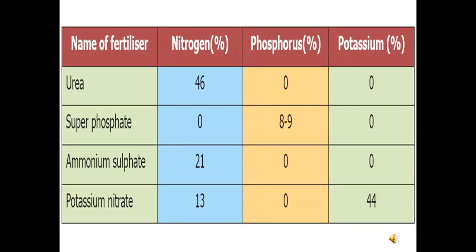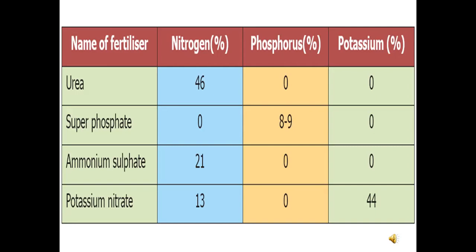Next, the table below lists the nutrients in inorganic fertilizers. The inorganic fertilizers are urea, superphosphate, ammonium sulfate and potassium nitrate. In inorganic fertilizers, nitrogen, phosphorus and potassium are present. Urea: nitrogen 46 percent, phosphorus 0 percent and potassium 0 percent.